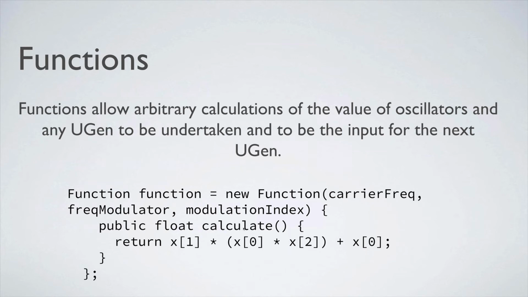And calculate is calculated every single sample, so you can do quite low-level things with this Eugen. Once you've created it, you can use it as an input to something else, like a gain or an envelope, as you wish. So basically, a function is a very flexible Eugen that you can use for doing quite complicated things.